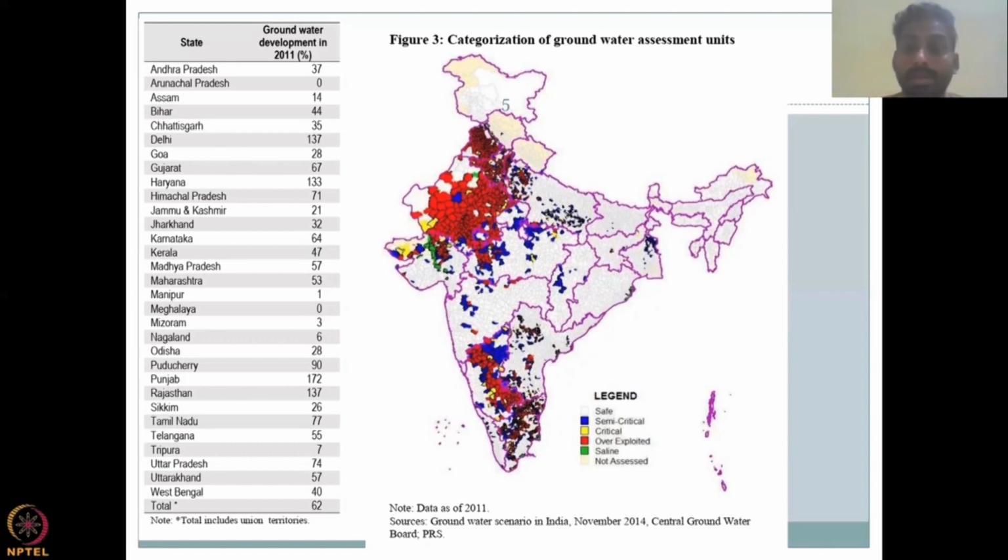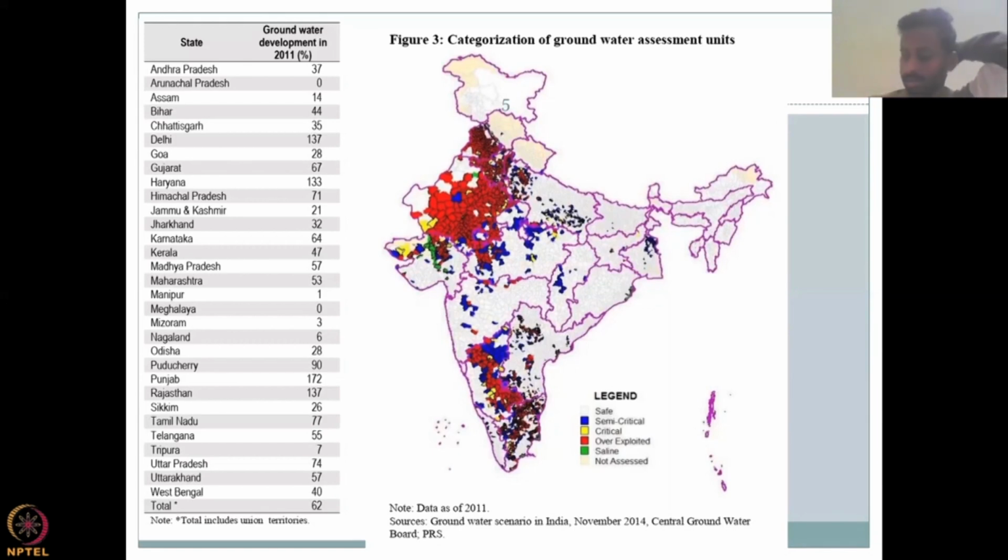And then if you look at the southern regions of Tamil Nadu, Andhra, Karnataka, Telangana, Kerala, you do have a lot of overexploited scenarios. Most of them would concentrate on the urban cities like Bangalore and agricultural areas in Andhra and Karnataka.